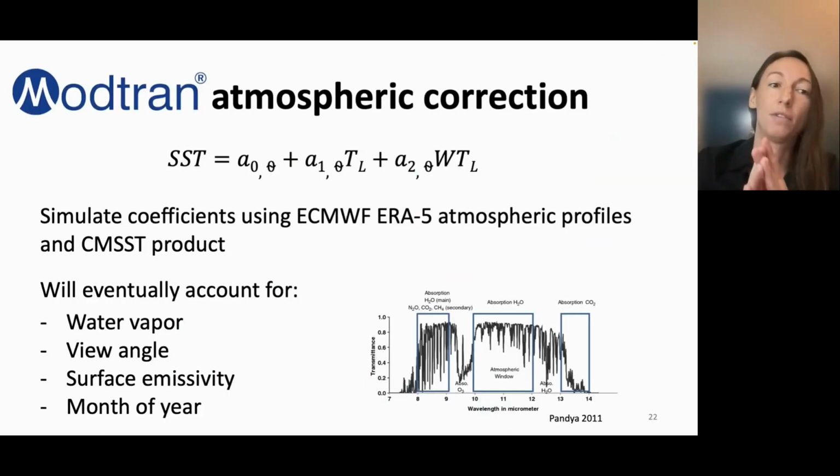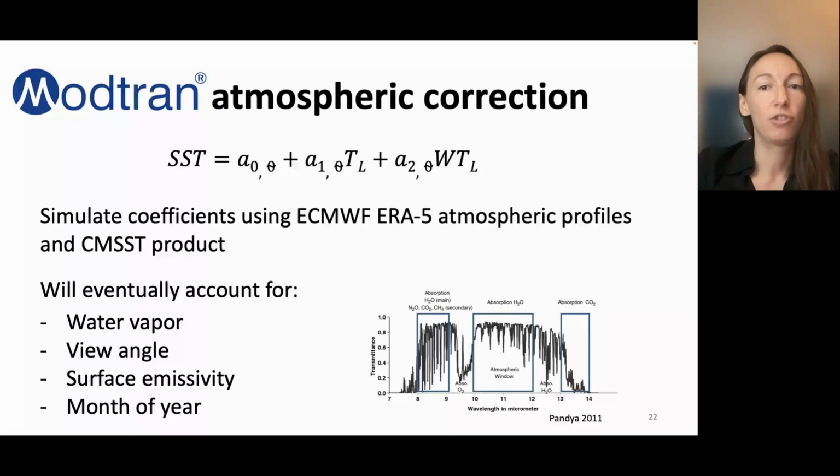From there, we do an atmospheric correction, and we use this equation here. We're simulating the coefficients using ERA5 atmospheric profiles and sea surface temperatures. We will eventually account for water vapor, view angle, surface emissivity, and month of the year in that.